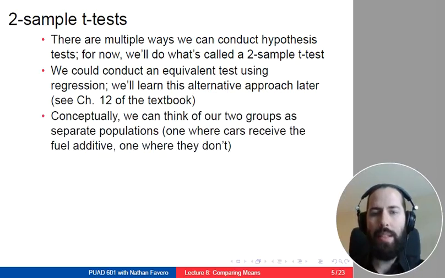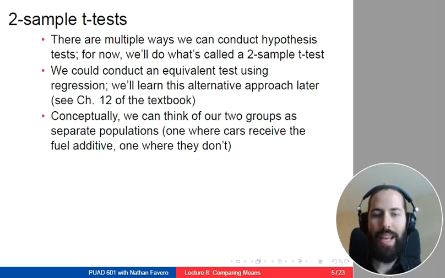When we use a two-sample t-test, conceptually what we're doing is treating our two groups, the group that got the treatment and the group that didn't get the treatment, as separate populations. In other words, we imagine one population where all of the cars receive the fuel additive and one population where all the cars don't receive the fuel additive.